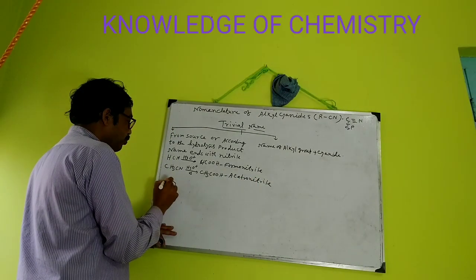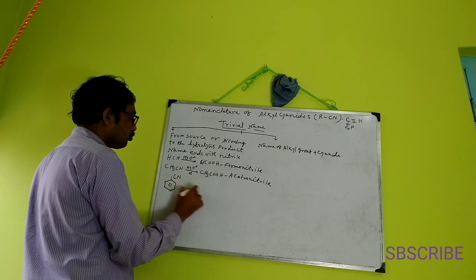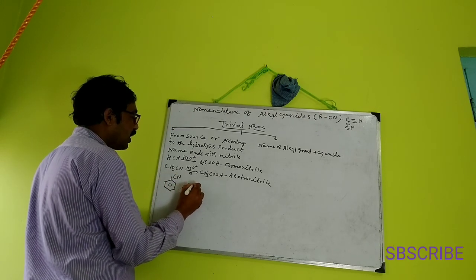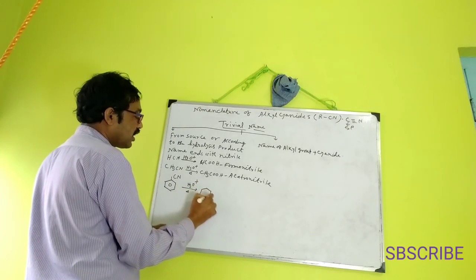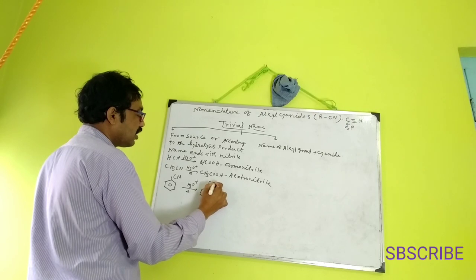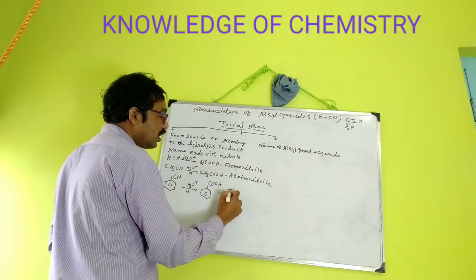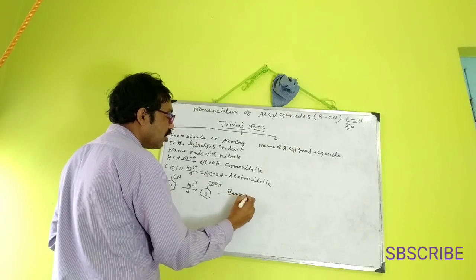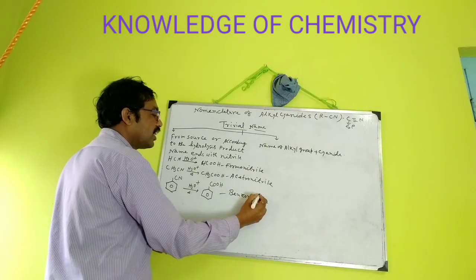Similarly, C6H5CN, when hydrolyzed by acid, gives benzoic acid. So its name will be benzonitrile.